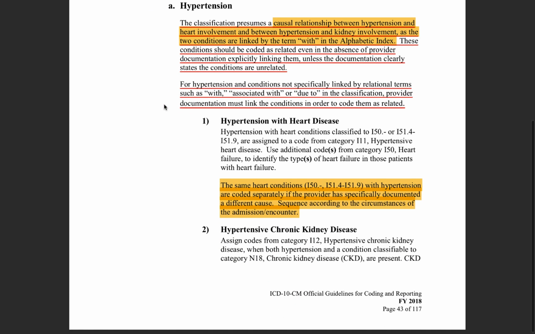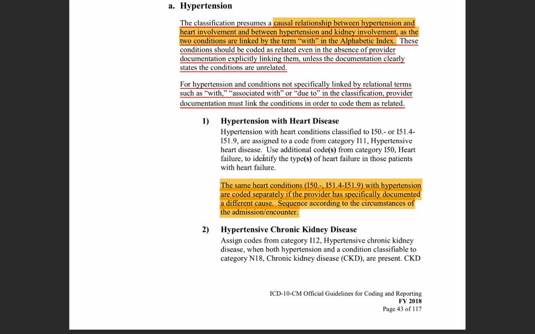Let's look at hypertension with heart disease. Hypertension with heart conditions classified to I50 or I51.4 series or I51.9 series are assigned to a code from category I11, hypertensive heart disease. Use additional codes from category I50, heart failure, to identify the types of heart failure in those patients with heart failure.